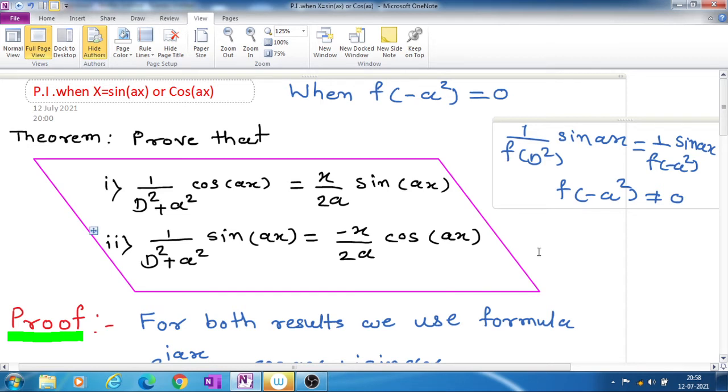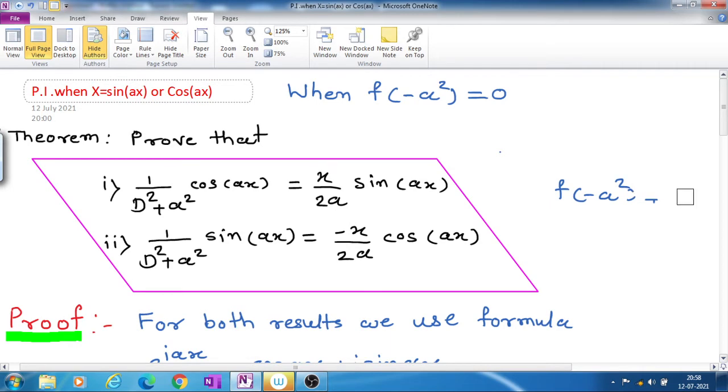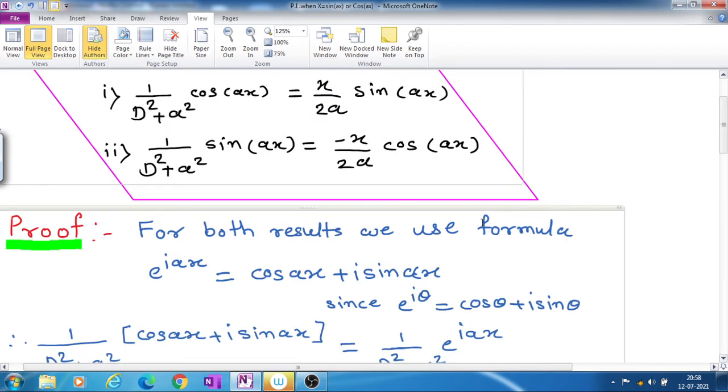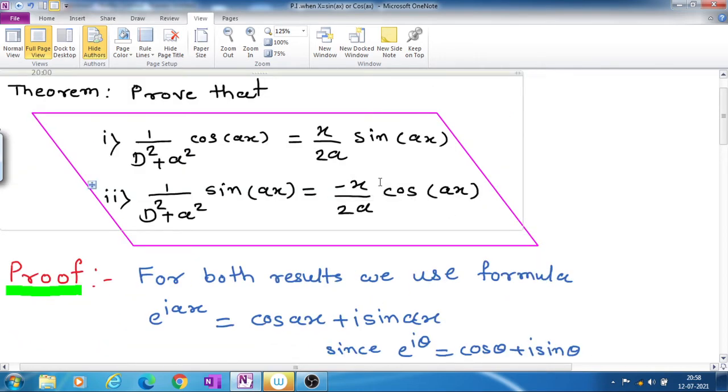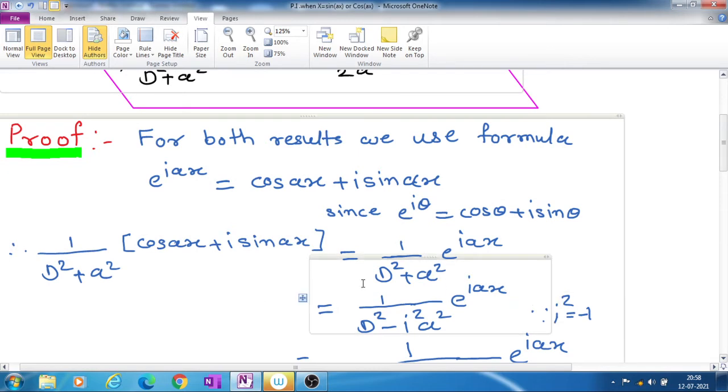So we see how these formulae are derived. Now we have to derive both the formulas, cos ax and sin ax, simultaneously. So we use the formula e raised to i ax is equal to cos ax plus i sin ax.